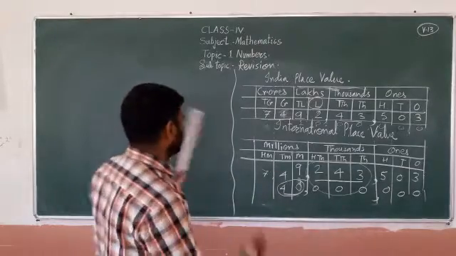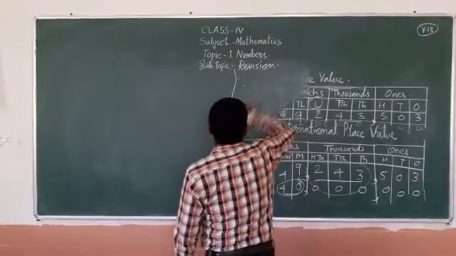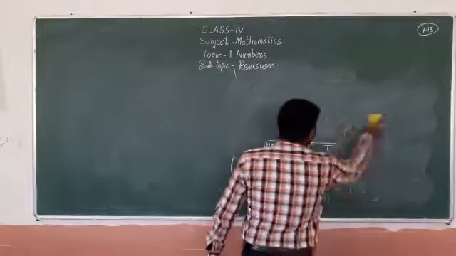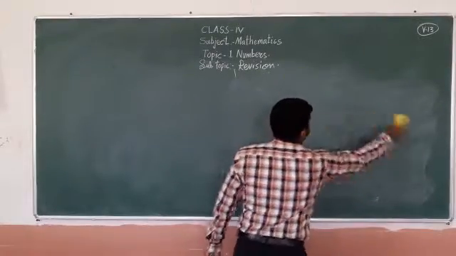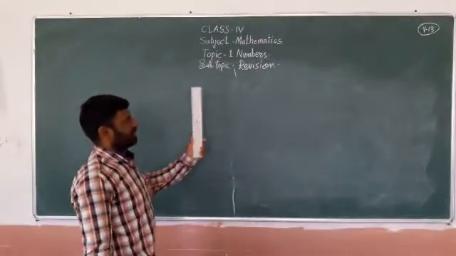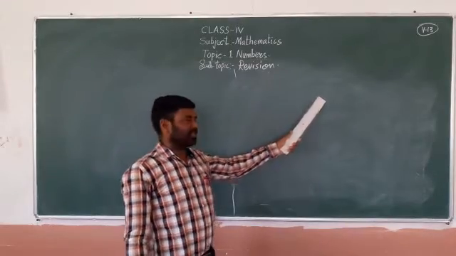So see the basic difference in Indian place value and international place value. This is the basic difference. As you know, one period has 3 places here in Indian place value, international also 3 places.